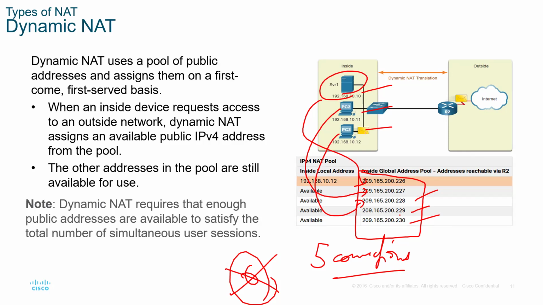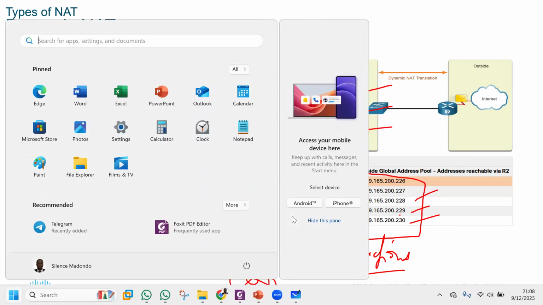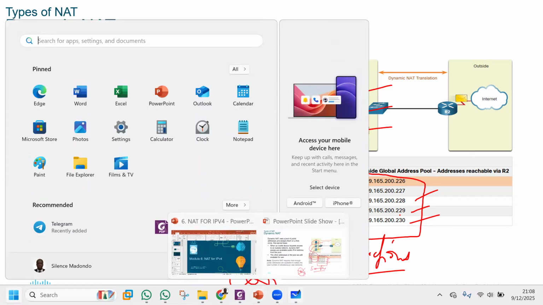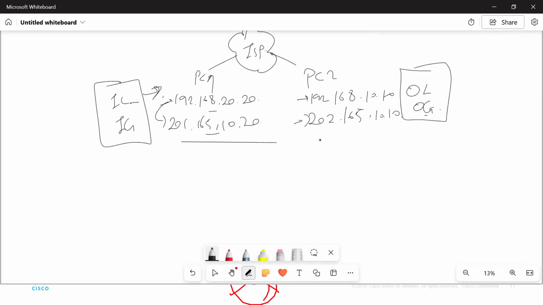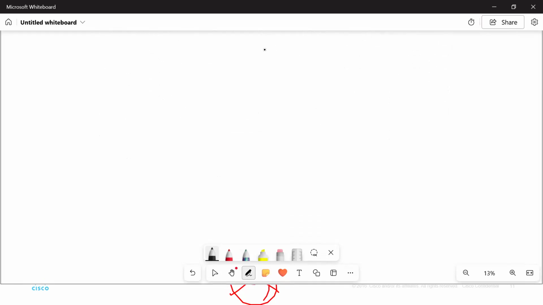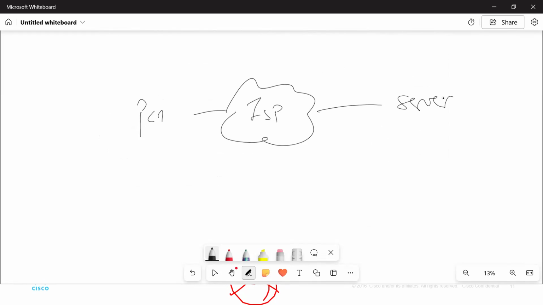Difference between static and dynamic NAT as well, you realize that with static, you can have inbound or outbound connections. So with static, let me say PC1, this is our internet. Then we have our server here. With static, there is a one-to-one mapping between the private and public IP address.